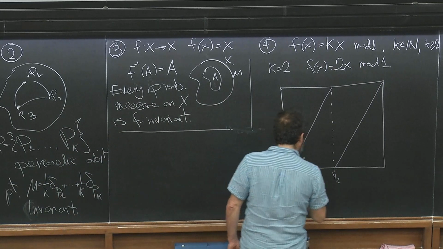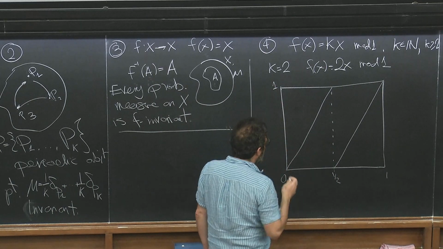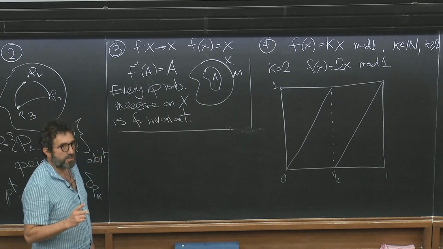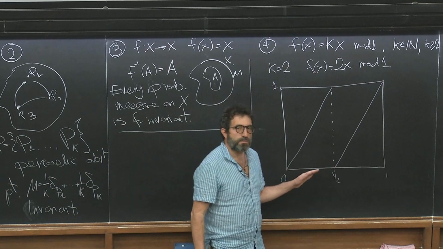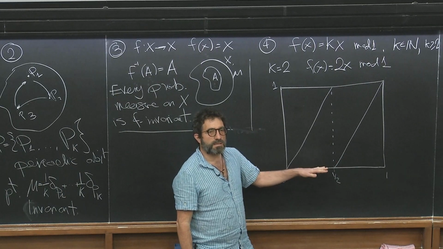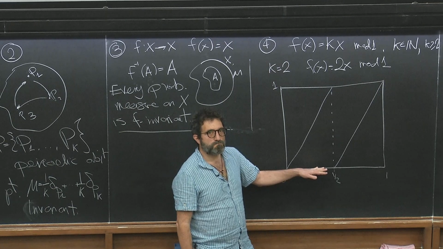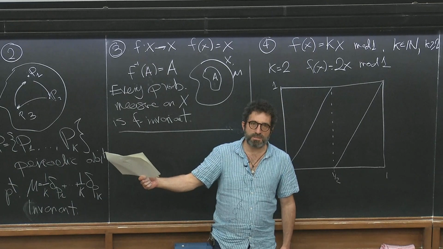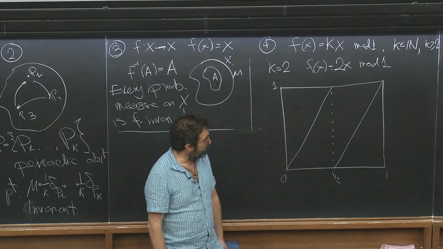So we want a set A, and we want to look at the pre-image of the set A. First of all, we know lots of invariant measures in here. Which invariant measures exist in this system? Some correspond to the measures that we've seen here, all the ones on periodic orbits.